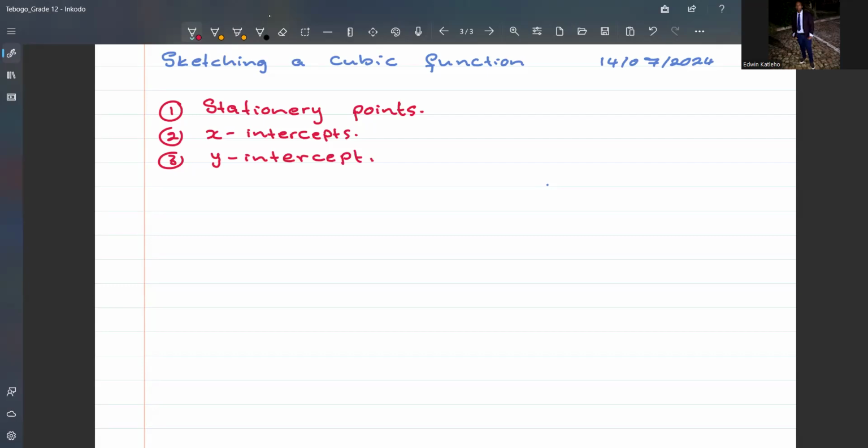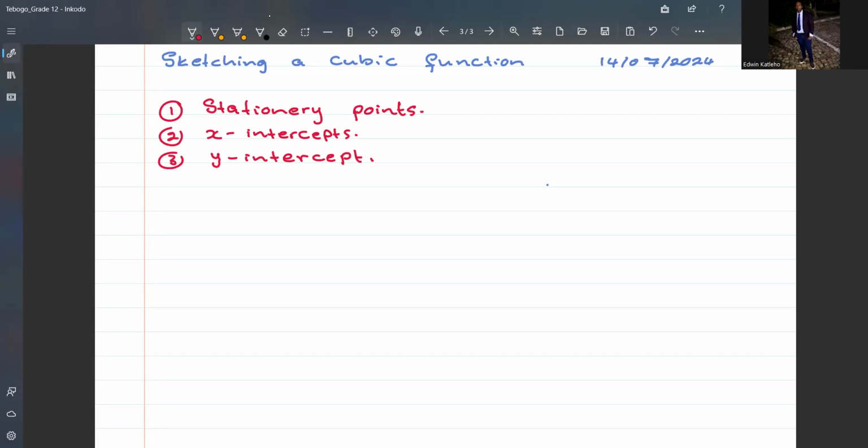So if you use these three things, you will be able to draw the accurate graph. Your graph can either have one x-intercept or more than one x-intercept. The highest number of x-intercepts that a cubic function can have is going to be two.